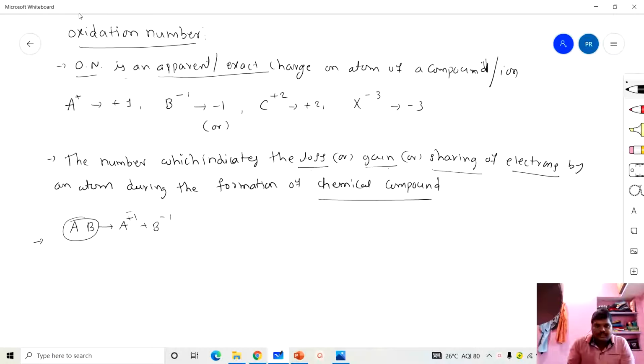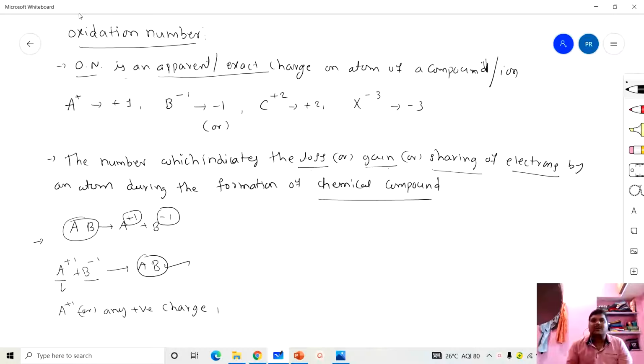So with respect to A, oxidation number is +1. With respect to B, oxidation number is -1. So A plus 1 and B minus 1 gives us the compound AB. Yes or no? By losing one electron from A and gaining one electron by B, it forms a chemical compound AB.